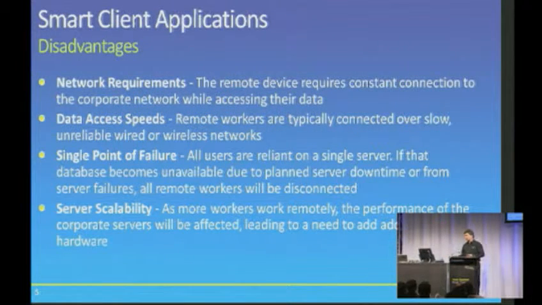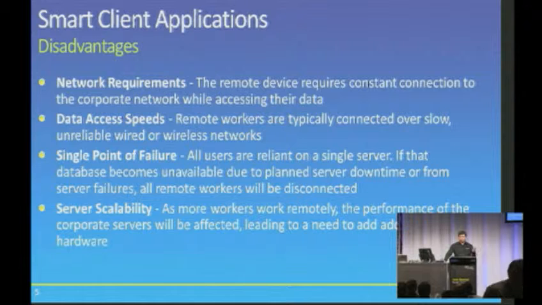The other issue is scalability. Now, a lot more people are hitting your server, and the traffic is small amounts of data at one time, but lots and lots of hits. And data access speeds.